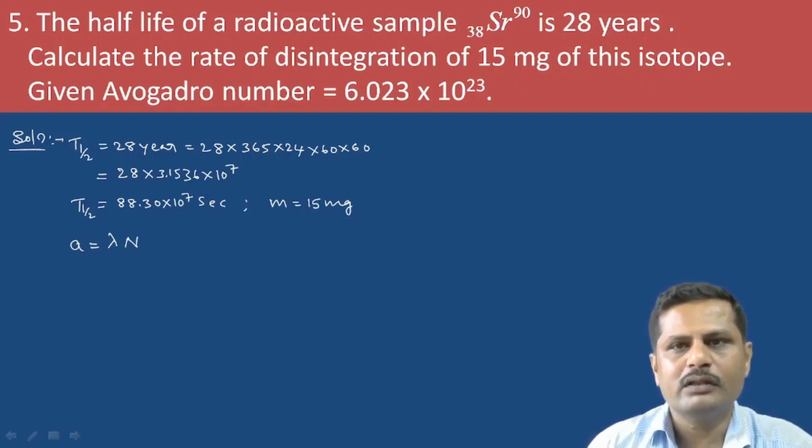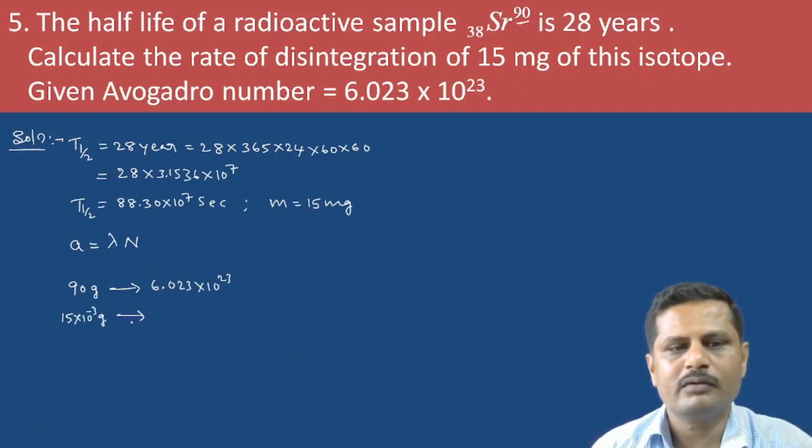So we know that 90 gram of strontium consists of how many atoms? That is the Avogadro number, 6.023 into 10 raised to 23. Now 15 milligram, that is 15 milli meaning 10 raised to minus 3 gram of strontium, consists of N number of atoms.